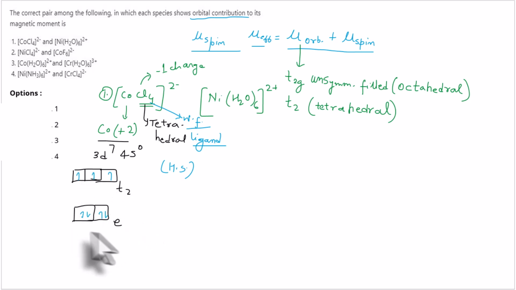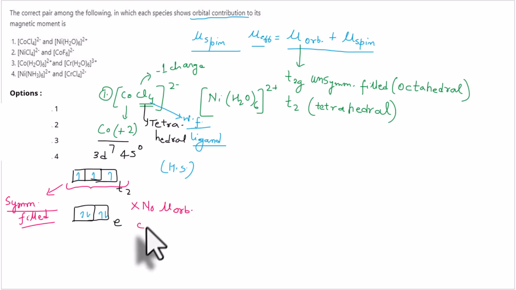So we have 4 electrons in E and 3 electrons in T2. Now if you see carefully, these T2 orbitals are symmetrically filled, meaning the electrons are evenly distributed in the T2 orbitals, and that is why there will be no orbital contribution. So no mu orbital contribution for this complex.